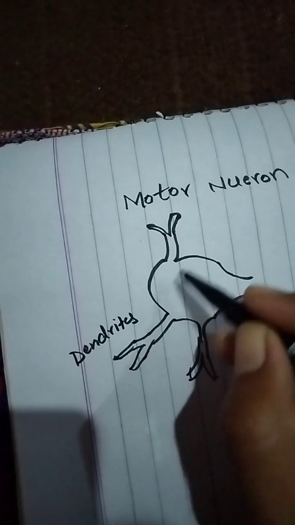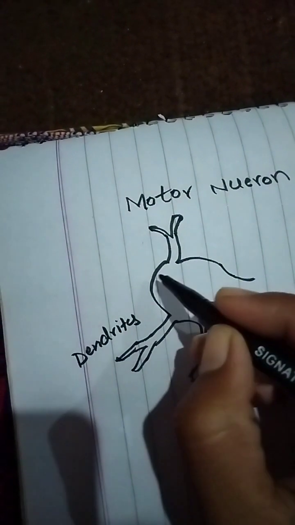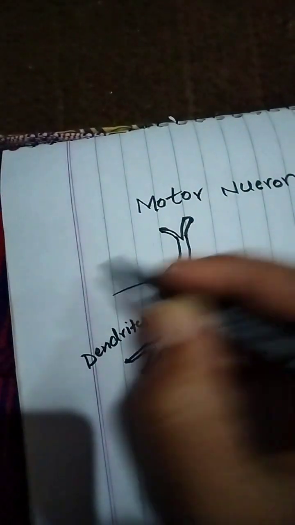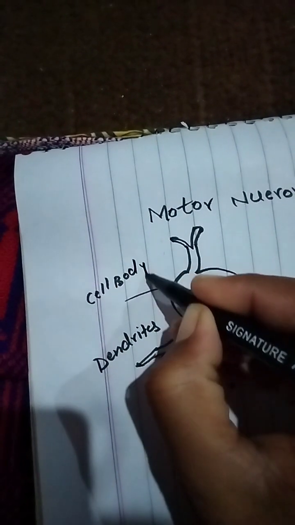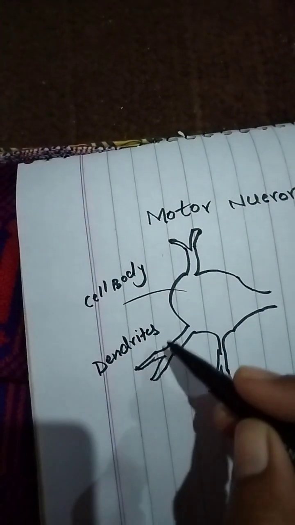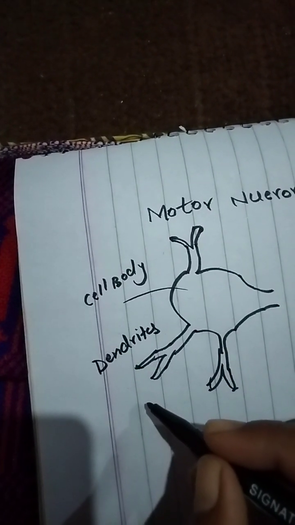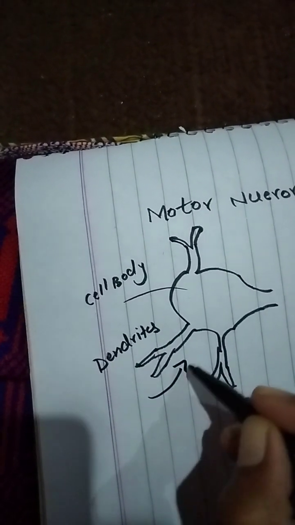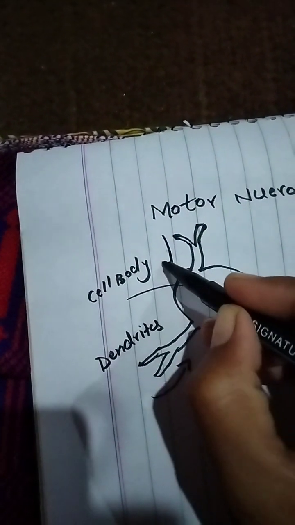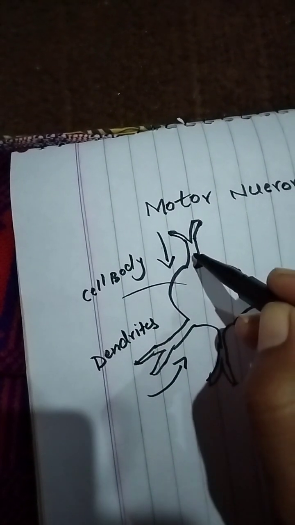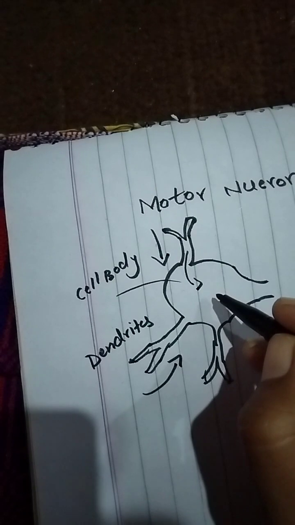And this ball-shaped structure is called the cell body. These dendrites carry nerve impulses toward the cell body. So the nerve impulse enters into the cell body.